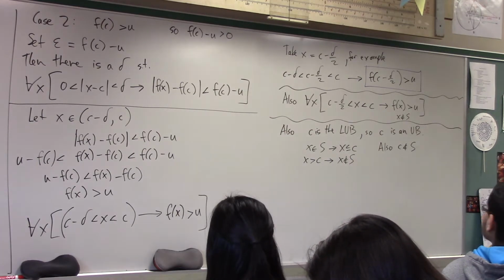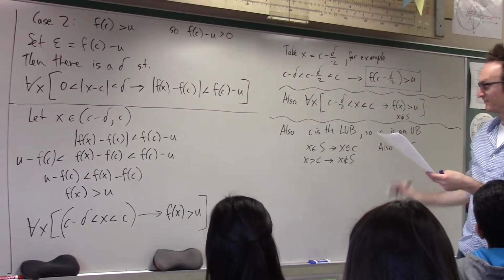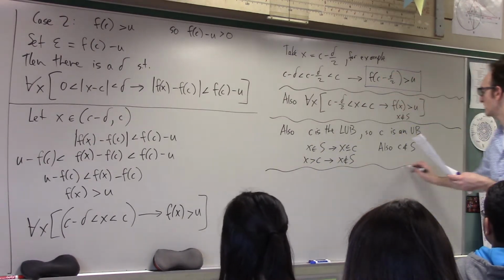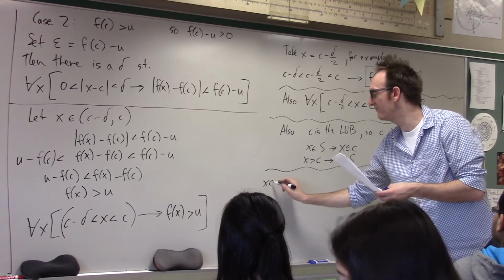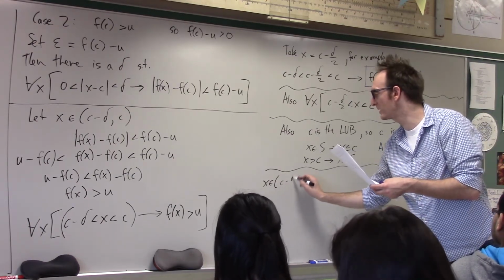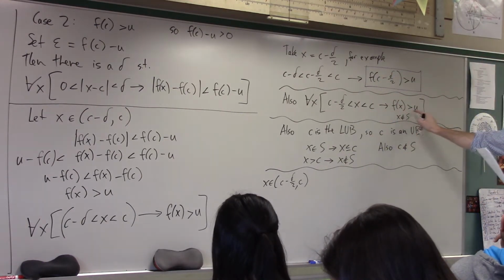Let me summarize what I have shown in little bits and pieces, and put it all together now. If you give me an x value between c minus delta over 2 and c, then f of x is greater than u.